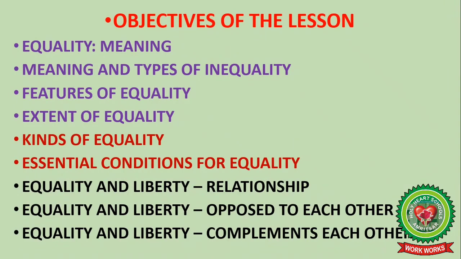The objectives of the lesson are equality, its meaning and types of inequality, features of equality, extent of equality, kinds of equality, essential conditions of equality, equality and liberty, its relationship, equality and liberty opposed to each other, equality and liberty complement each other.